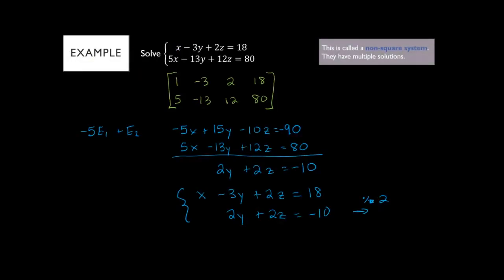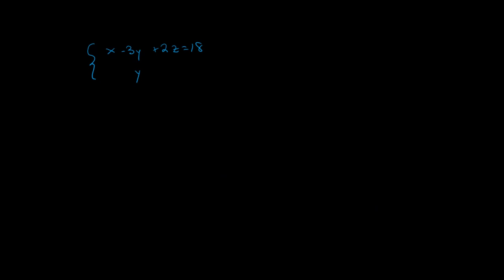And we have the 2z, divide that by 2, so that's going to be plus z. And then we have negative 10 divided by 2, and that is negative 5. At this point, we can't really go any further because we don't have a third equation for z. So this is as far as you can basically go.